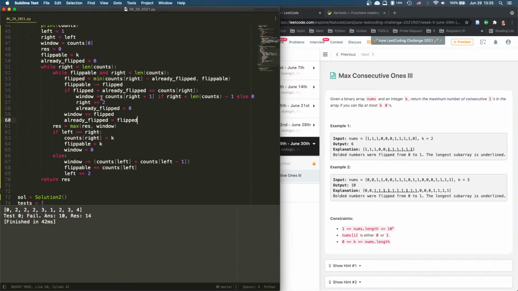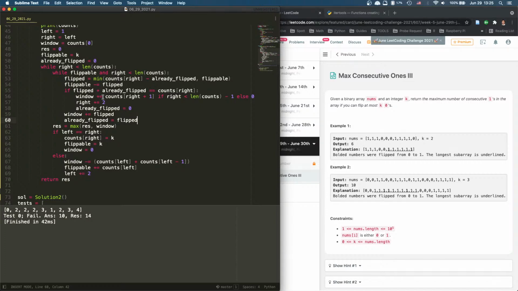Yeah, and window plus equal to. Did we add flip twice? Yeah, I think I added something twice. Windows plus flipped. And then we're gonna move.